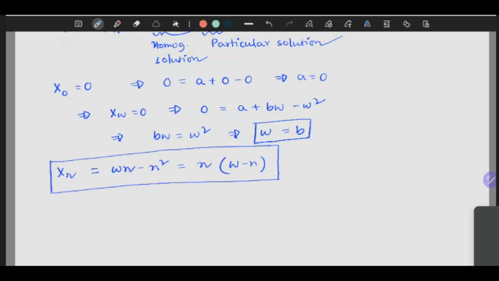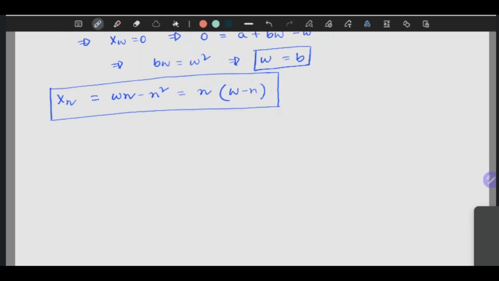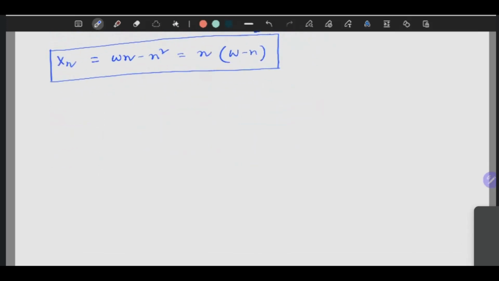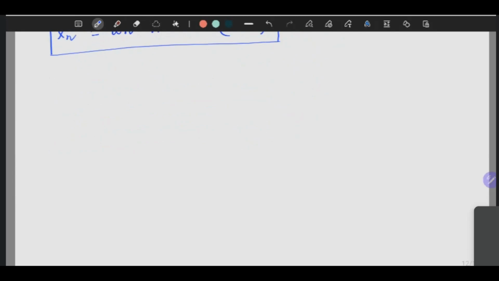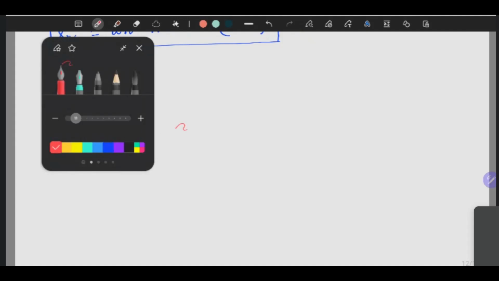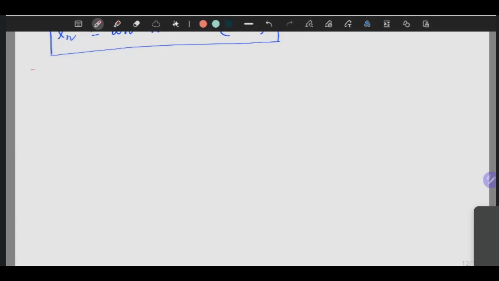Now how can you interpret these solutions? Okay, so to interpret this solution, you need to take help of the following things. Interpretations of the solution.